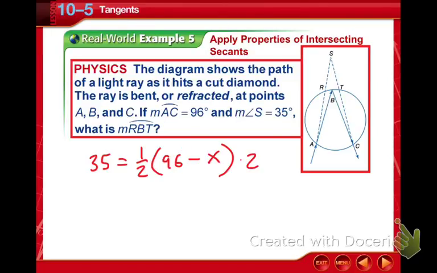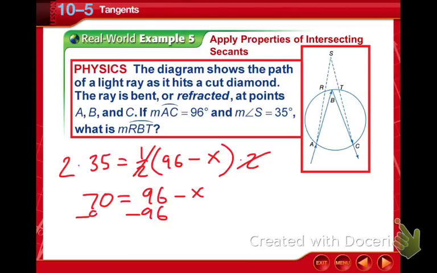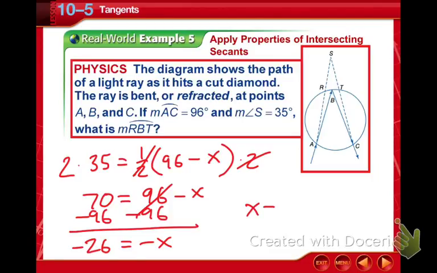So multiply by 2 on both sides. 35 times 2 is 70, equal to 96 minus x. We subtract 96 from both sides. And negative x is equal to negative 26. So that means that x is equal to 26 degrees.